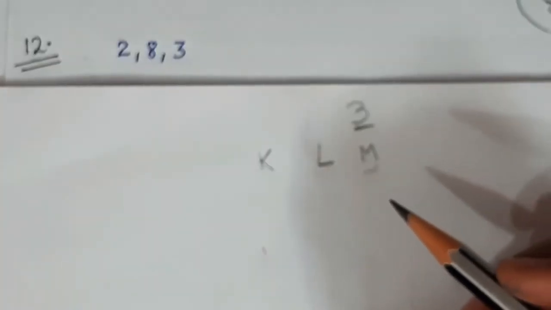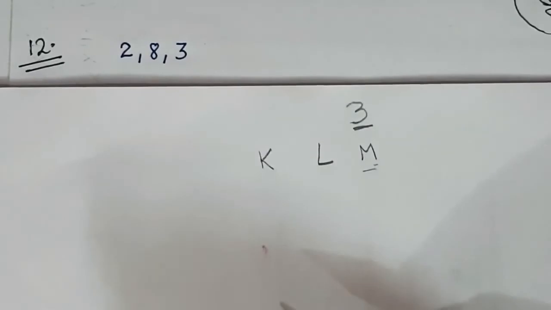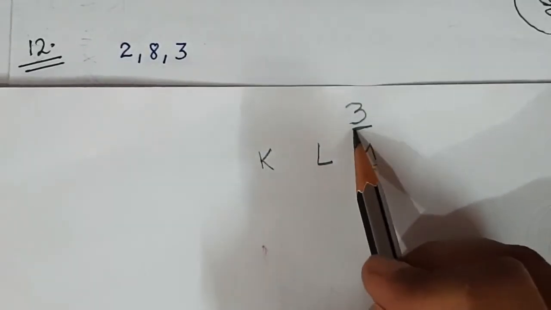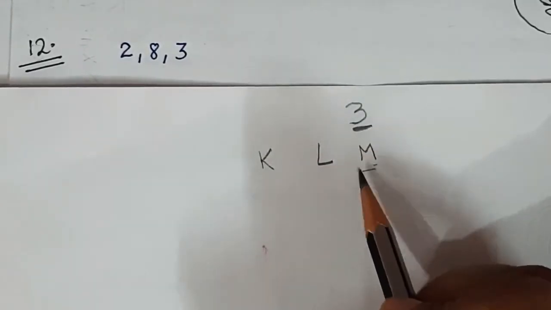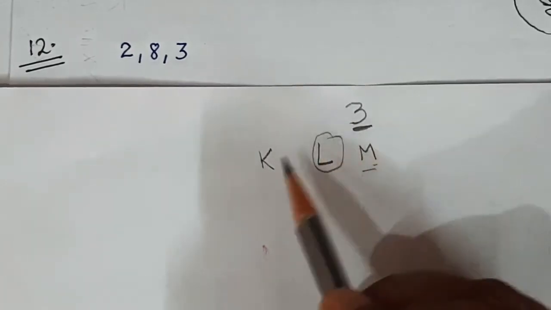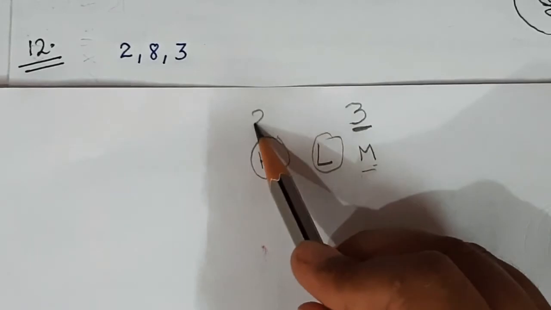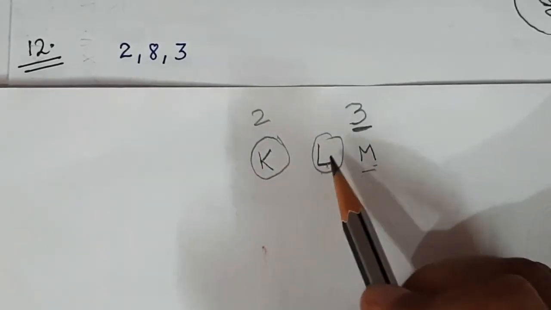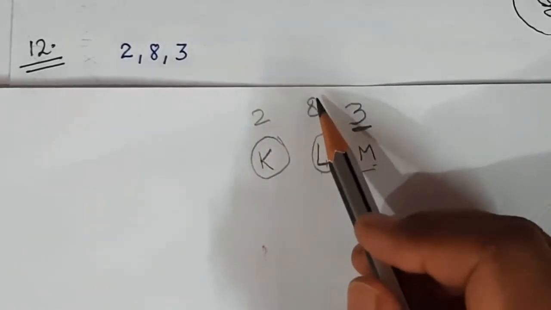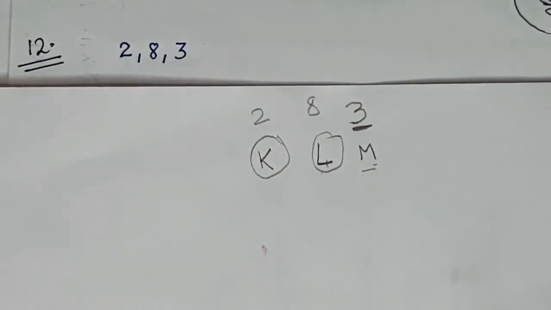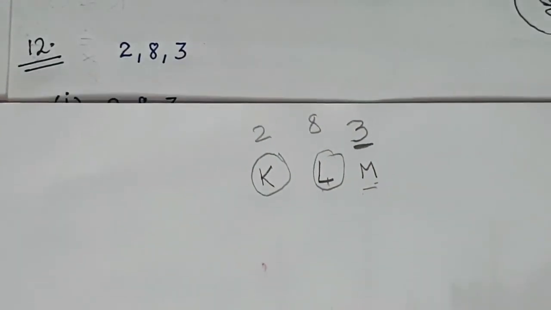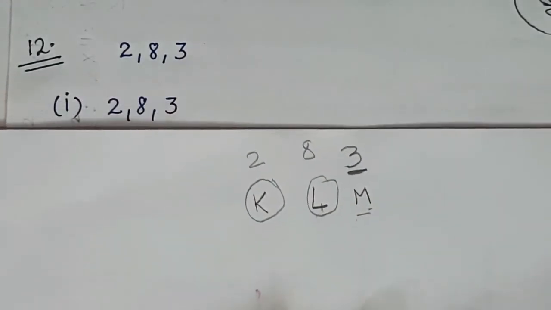So you have to write the electronic configuration of the atom. Now you also know that the maximum number of electrons that can be accommodated in K shell is 2. And in the L shell, that is second shell, it is 8. So the electronic configuration is 2, 8, 3.